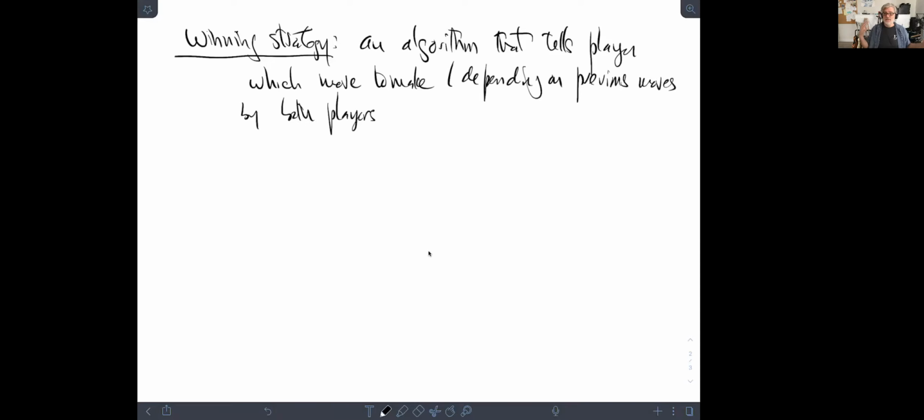So it's an algorithm that tells the player what to move depending on what's happening up to that point in the game, that guarantees the player wins. Again, there are slight variants in some games where if a tie is possible, then a winning strategy would be considered something like you can't lose.